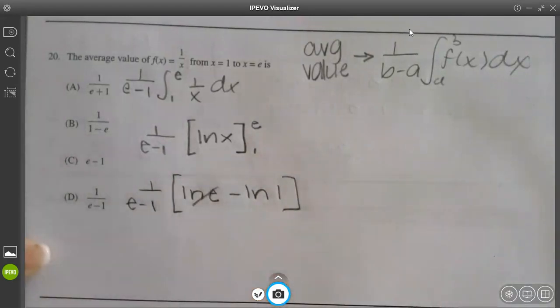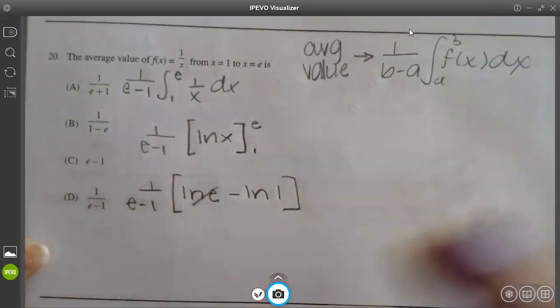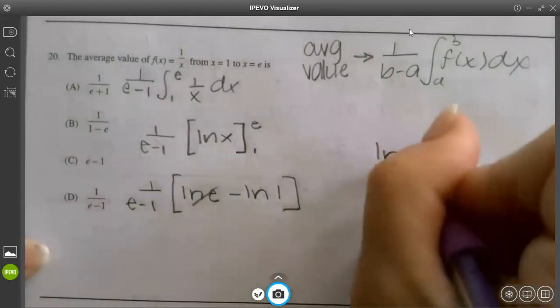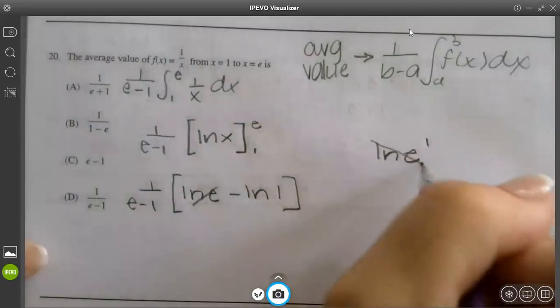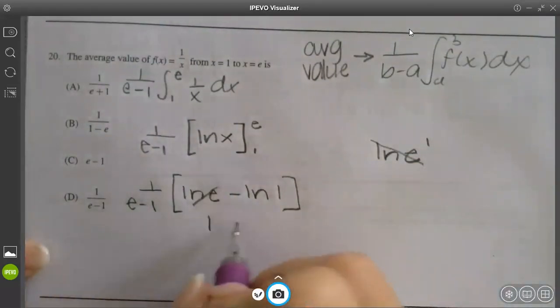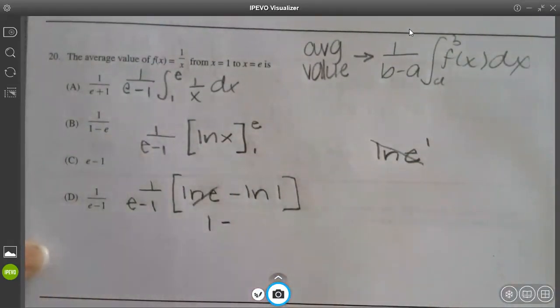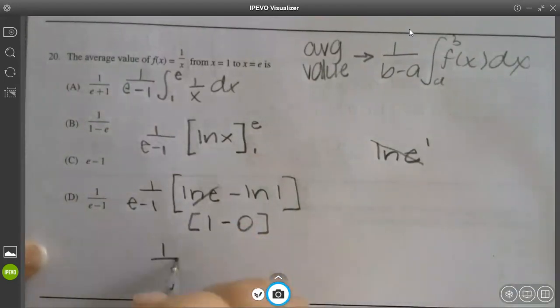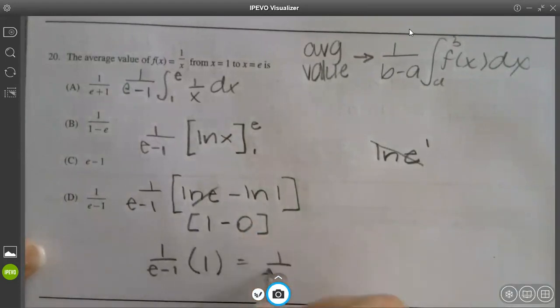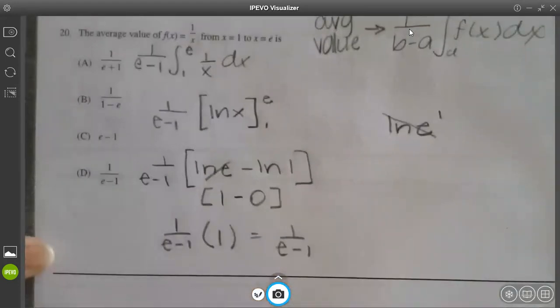Anytime anything cancels, it's always what? 1. So think about it this way. It should be e to the power of 1. When I cancel ln and e, what do I get? 1. ln 1, you should know this as well, is 0. So we're multiplying this 1 over e minus 1 times 1, which still gives you 1 over e minus 1.